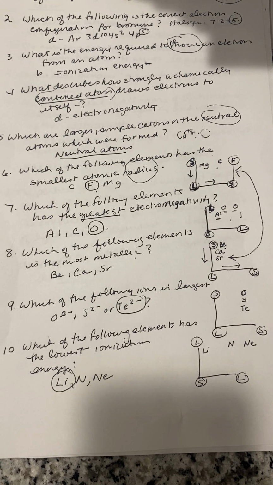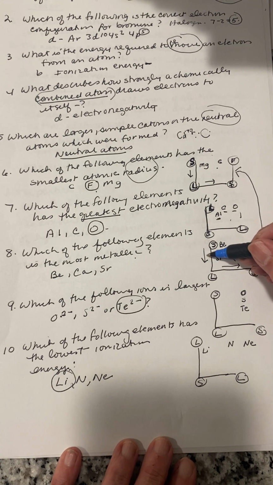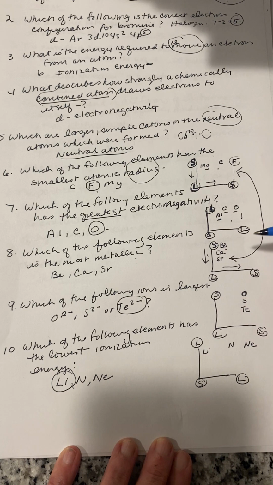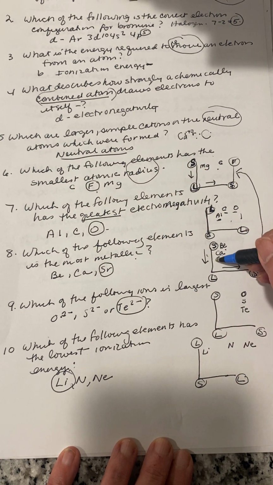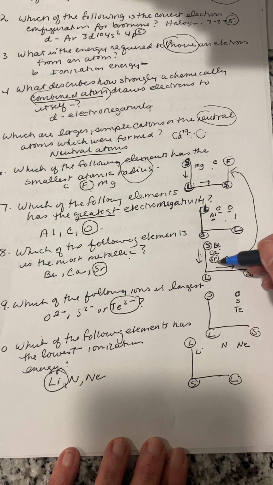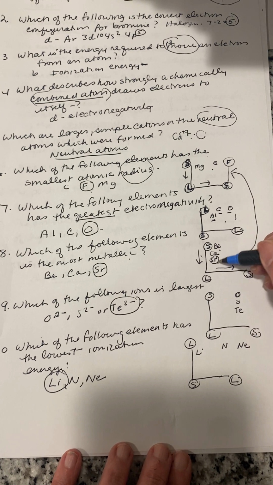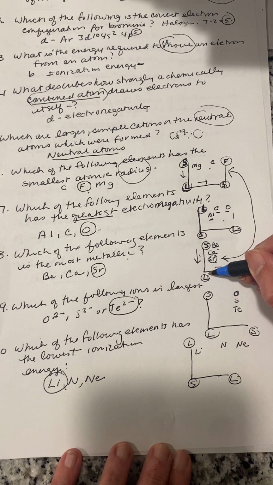They're all in group 2. Okay, these two. So which one, if it's going small to large, which of the elements would be the most metallic? It would be the one that's closer to the large, right here. Be, this one. Okay, see how I did that? I just kind of put it there, and which one's on the bottom, because it goes from small to large.